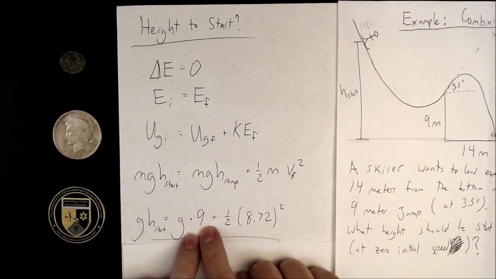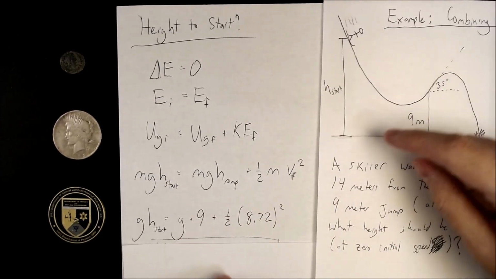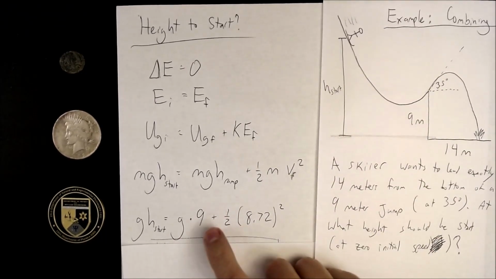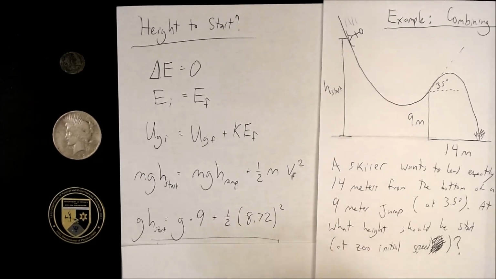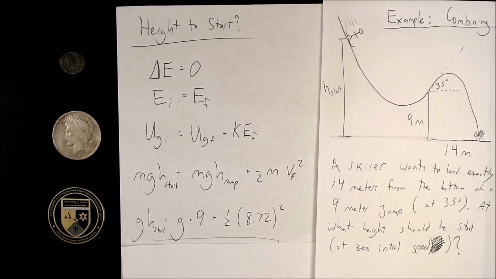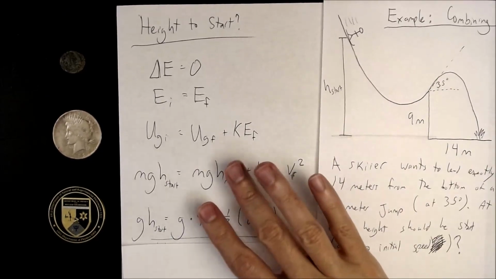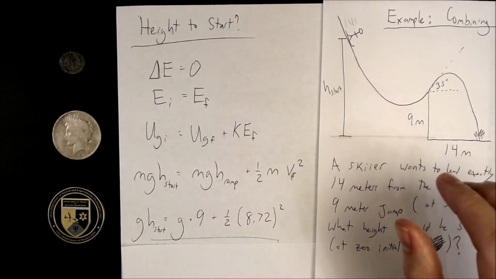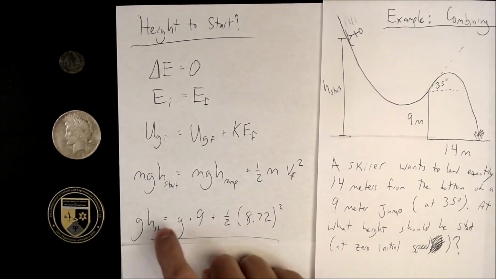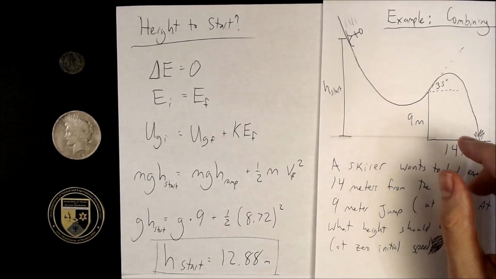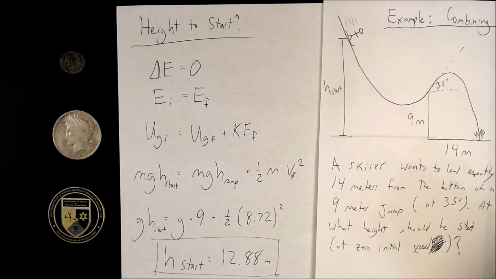Notice that it's positive 9, because we're measuring it as how high you are from h equals 0. Plus 1/2 times the final velocity of this part of the problem, which is the initial velocity of the first half of this problem. And you can solve for h start, and that ends up being 12.88 meters.